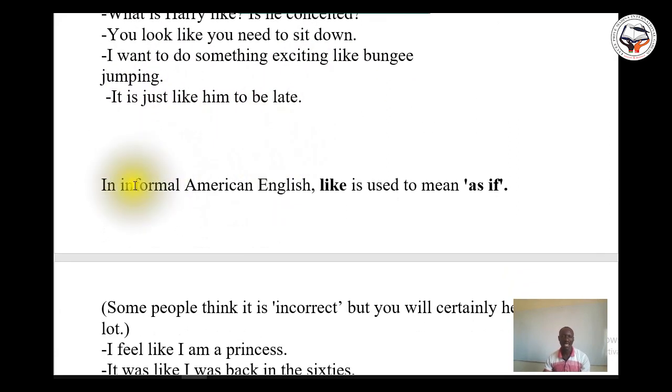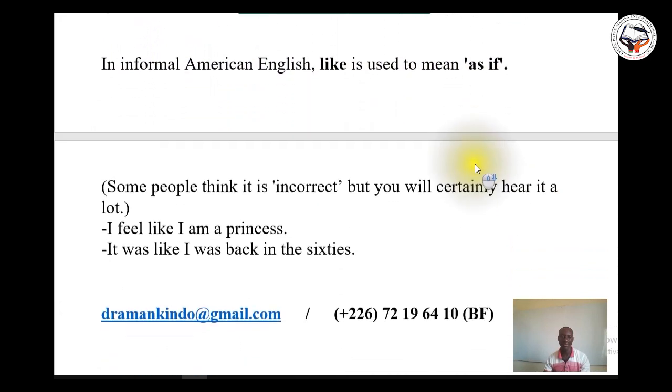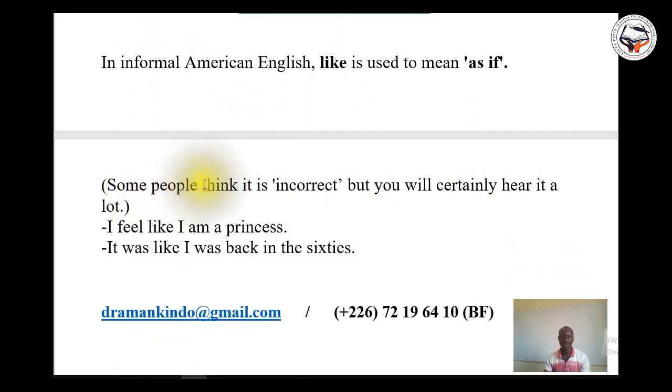In informal American English, like is used to mean as if. Some people think it is incorrect, but you will certainly hear it a lot. I feel like I am a princess. That means I feel as if I am a princess.